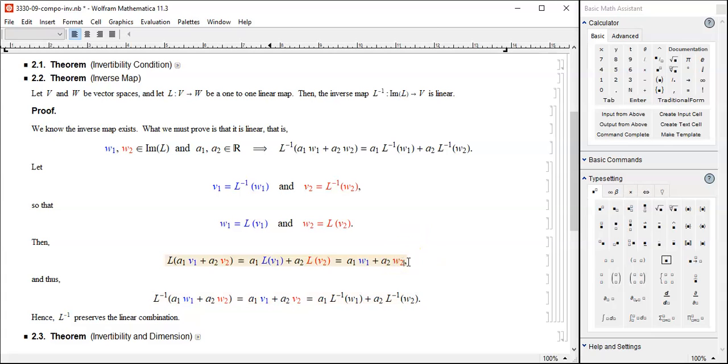You see, we just used this one backward. So this went back to this. That's the inverse map. So we got up to here. And then let's go back to these. My V1 is L inverse of W1, and V2 is L inverse of W2, blue and red respectively. And that completes the proof.